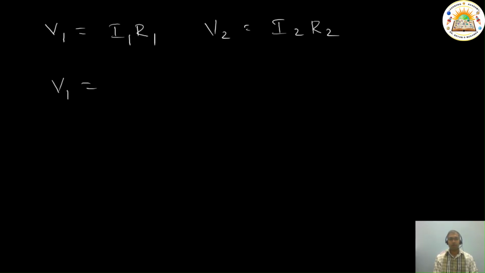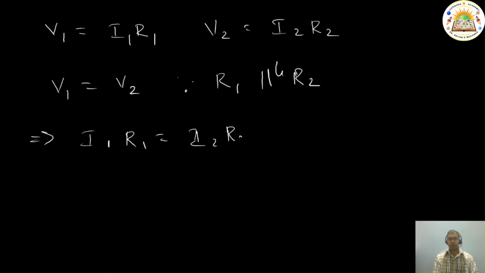Now, V1 is equal to V2 since we can give the reasoning that R1 is parallel to R2. So that implies I1 R1 is equal to I2 R2, or I1 by I2 will be equal to R2 by R1.